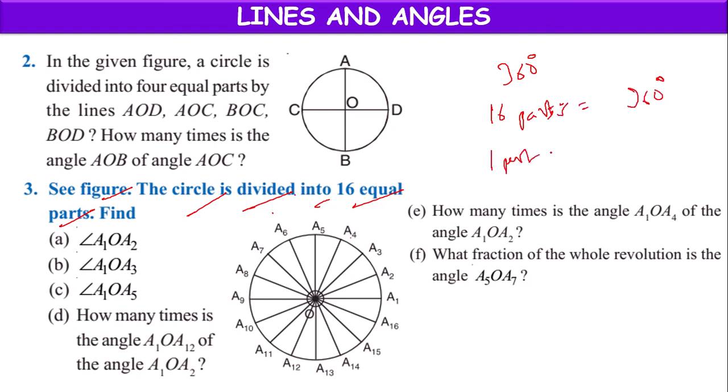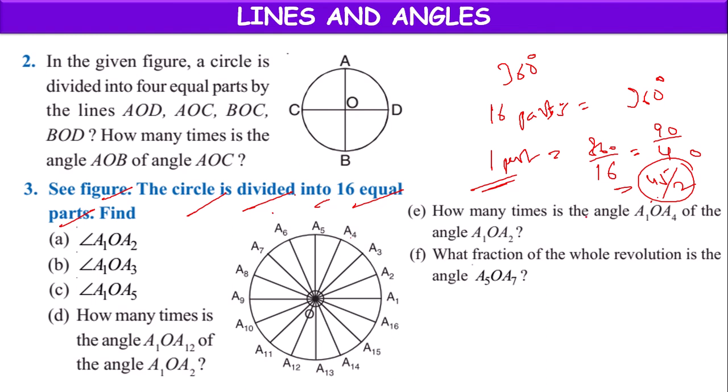So one part will be equal to 360 by 16, cancel by 4: 4 90s are, 4 4s are; cancel by 2: 2 45s are, 2 2s are. 45 by 2 degrees. Each part will be equal to 45 by 2 degrees.